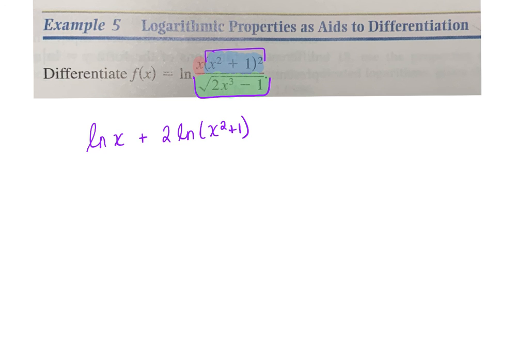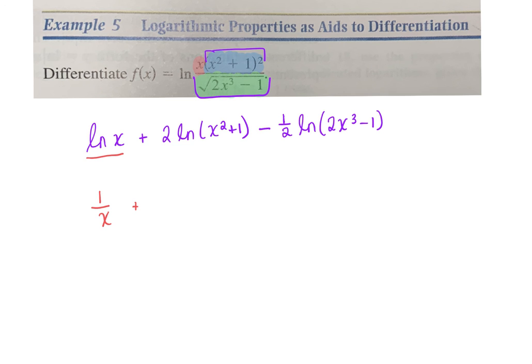I can expand it. Division means subtract. It's to the 1/2 power. That 1/2 can go in front: ln of 2x cubed minus 1. There we go. And then I can just take the derivatives individually. And they are much more simple this way. The derivative of ln of x is 1 over x.